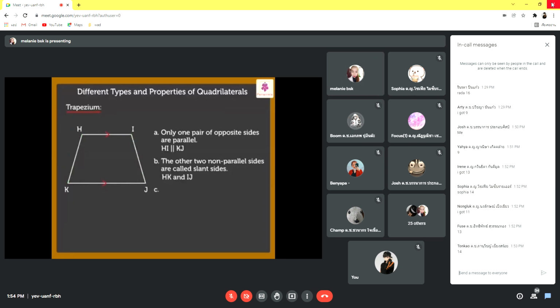C. Here, the measures of slant sides are the same. Thus, it is called an isosceles trapezium. An isosceles trapezium has two pairs of similar angles. Here, angles H and I and angles K and J are the two pairs of similar angles.